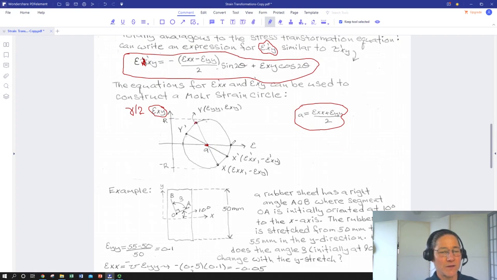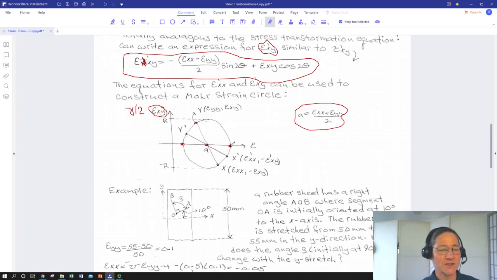So if you imagine some theta angle here with respect to whatever the original part was, this is one of our principal normal directions. So we'll have principal normal strains, greatest in the tensile direction.